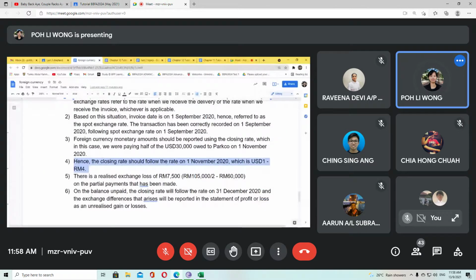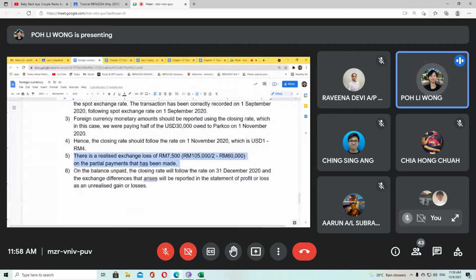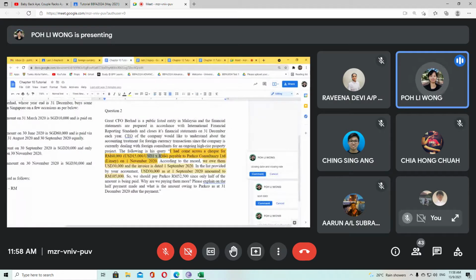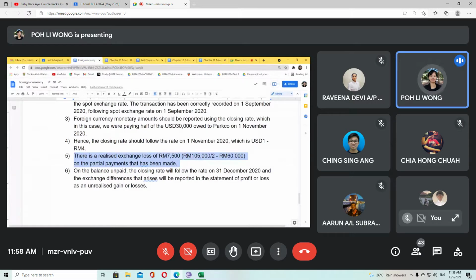According to the transaction, the CEO did not understand why we are paying them more, and what this actually is. So here we explain to them that this is the realized exchange loss from the conversion of foreign currency transactions.